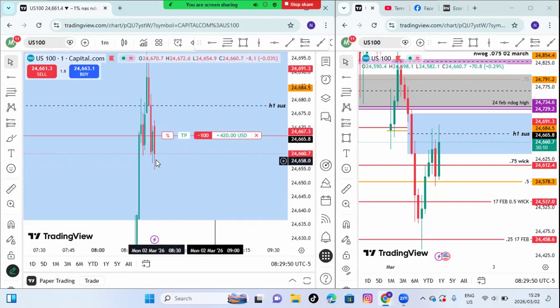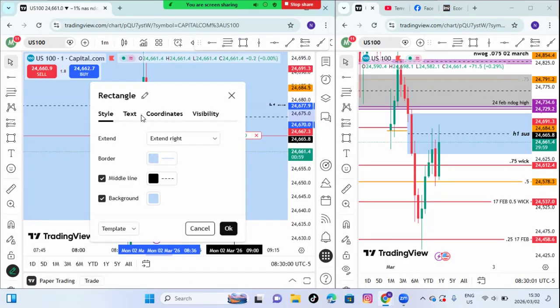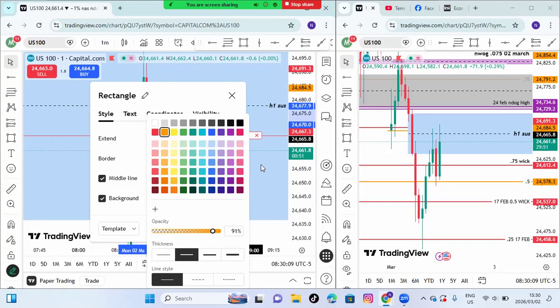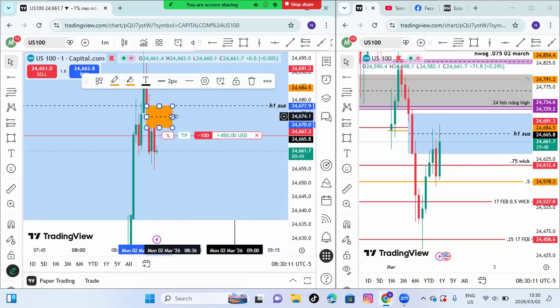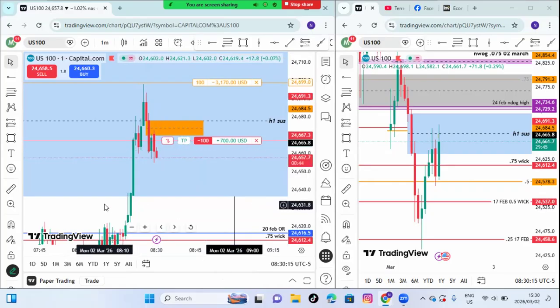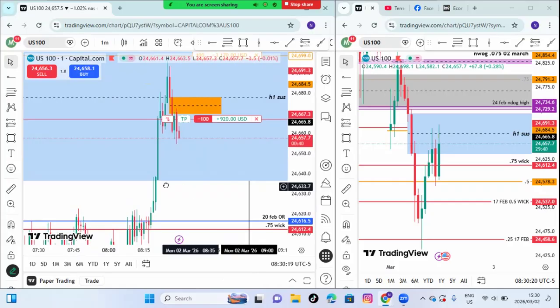If we zoom in, you can see we have a nice volume imbalance there, a small one. Also from there, let me not extend that. Let me just make that a bit orange. This border's orange too. So that's the fair value gap that we're selling right there.